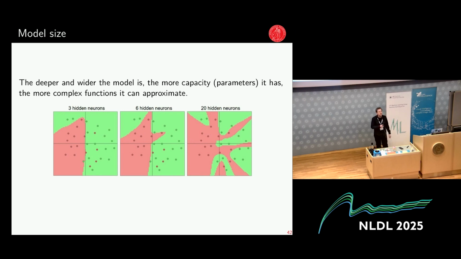It's quite simple, as you can see. But in the plot to the right, a model with 20 neurons, with 20 computational units, can define much more complicated decision boundaries. And to solve real-world tasks, like, for example, creating a chatbot which can really talk to you, you need very complex decision boundaries.